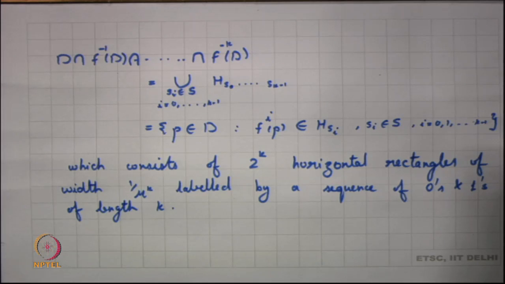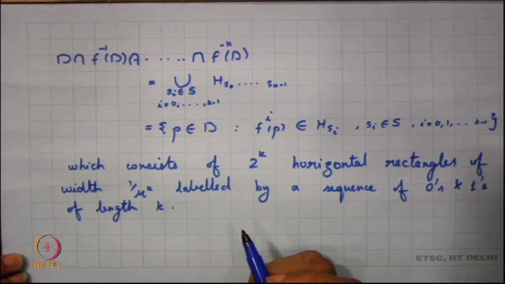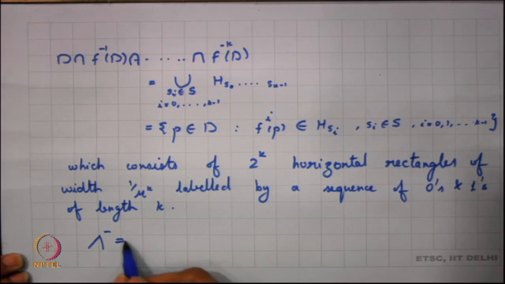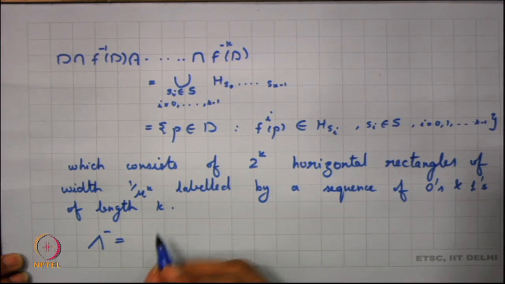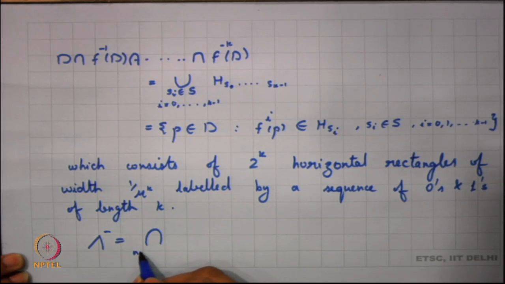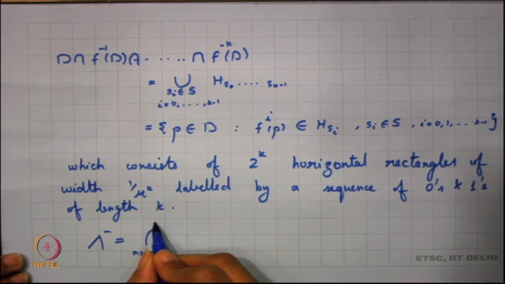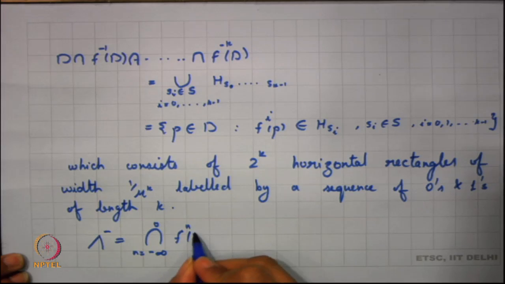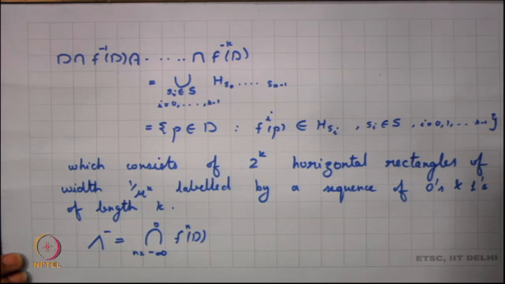And now, it is just as before, it is easy to say what will be your lambda minus. So, what is my lambda minus? I can say that this happens to be the intersection n going from minus infinity to 0 of F^n D, and I can take this limit as n tends to infinity in the kth stage.